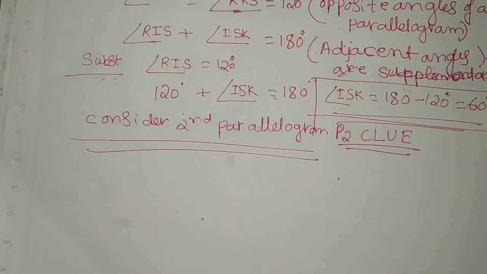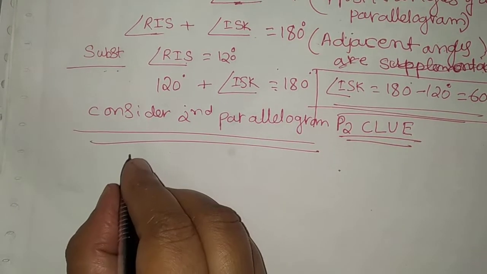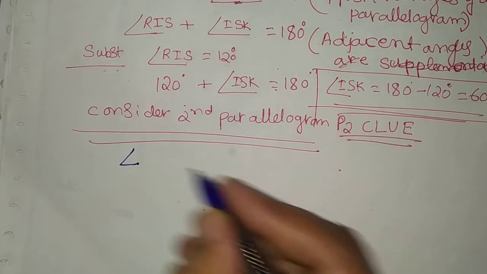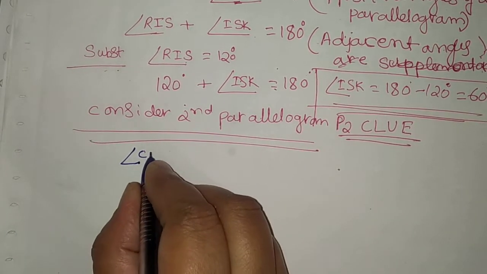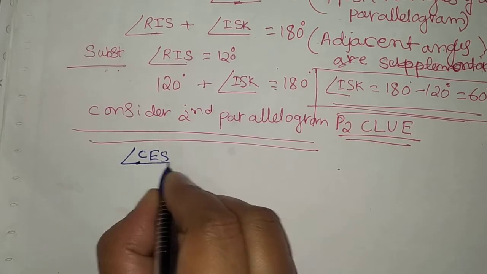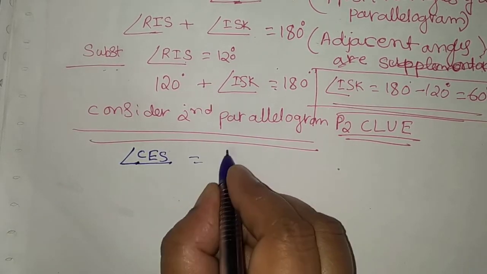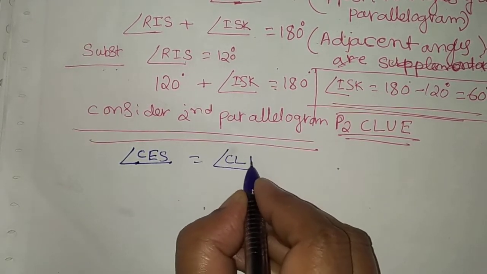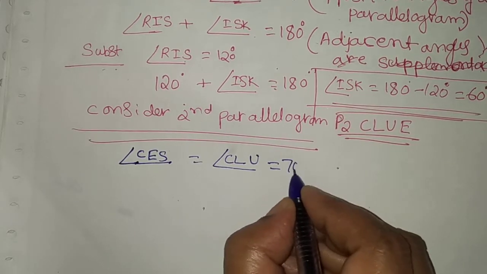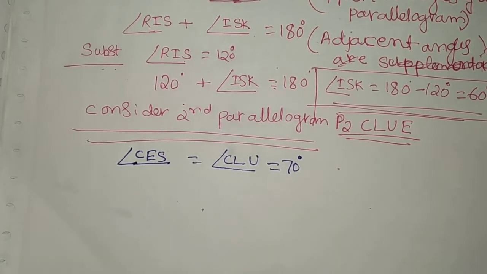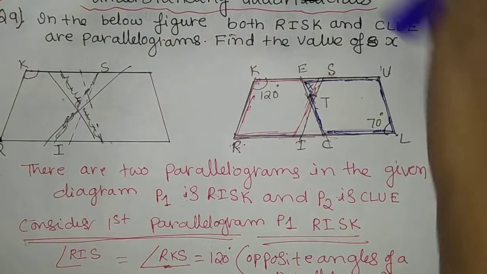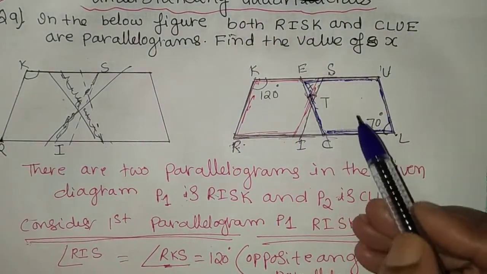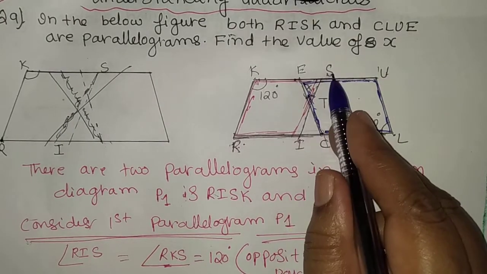So next step, we will start the problem. Here we will take angle CES, so CES is equal to CLU is equal to 70 degrees. I will show in the problem, see here, the angle which we have taken, CES.